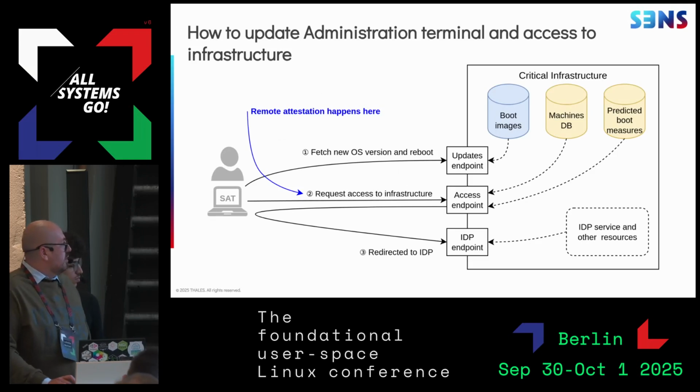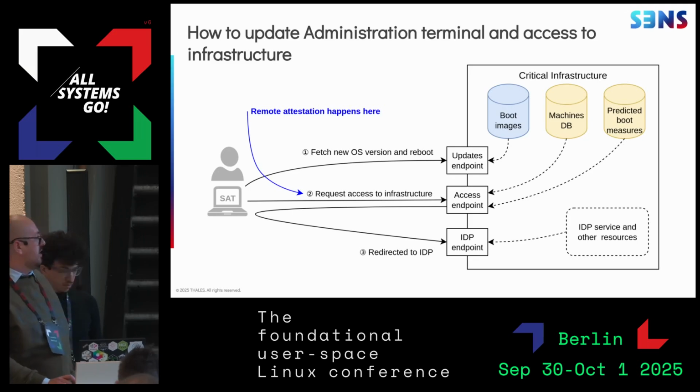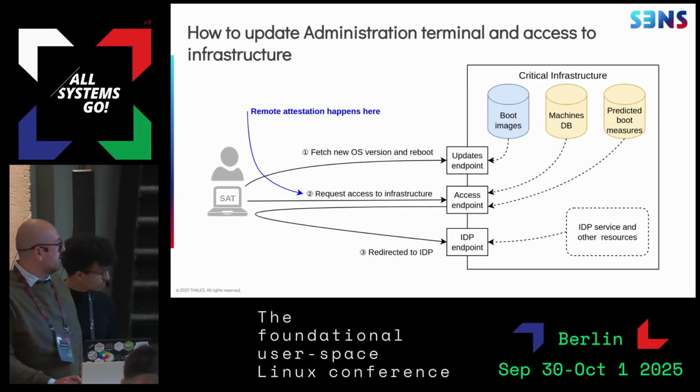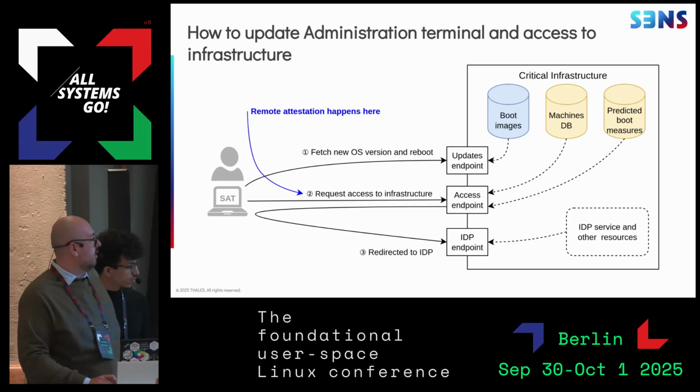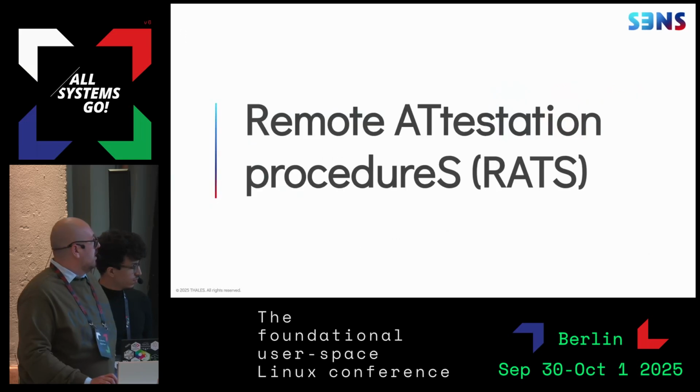The critical infrastructure has some endpoints: one for updates, another for access, and one IDP endpoint. And the remote attestation happens when he wants to access the critical infrastructure. And now we will talk about remote attestation procedures.